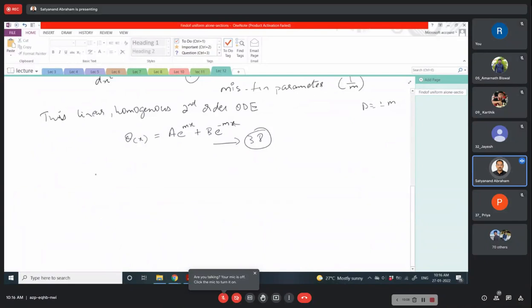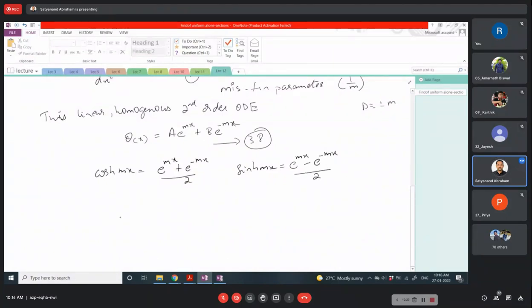We know that cosh mx is equal to e raised to mx plus e raised to minus mx divided by 2. And sinh mx we can write as e raised to mx minus e raised to minus mx by 2. Okay, so therefore we can also write theta of x is equal to C into cosh mx plus D into sinh mx.